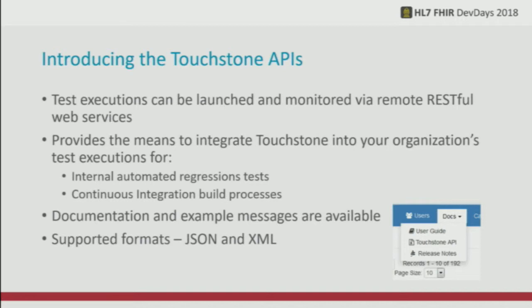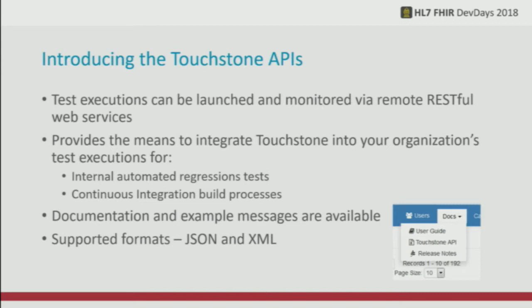Another aspect that we have in Touchstone is the use of an API. Test executions generally are executed through the user interface, through the web interface, and you've seen some of those screens already. One thing that you can do, especially if you have something like a continuous integration build server for your FHIR system, is introduce testing from Touchstone into your build process. So we have built an API to allow you to do that.